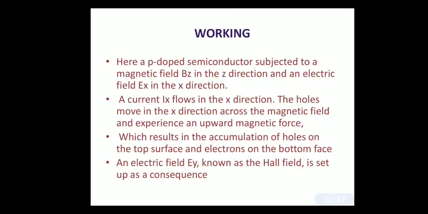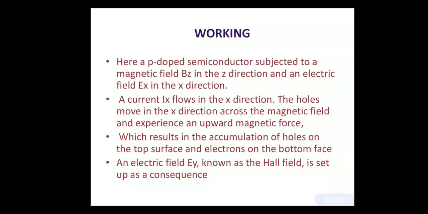Now just going through the working again. A p-doped semiconductor is subjected to a magnetic field Bz in the Z direction and an electric field Ex in the X direction.